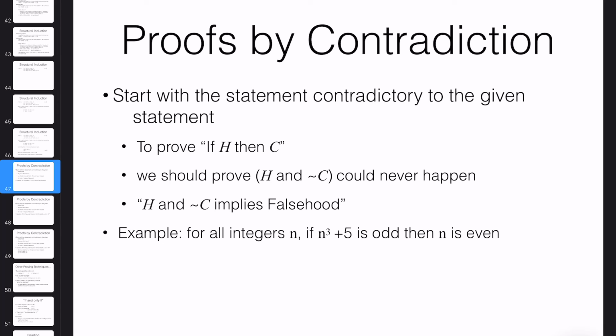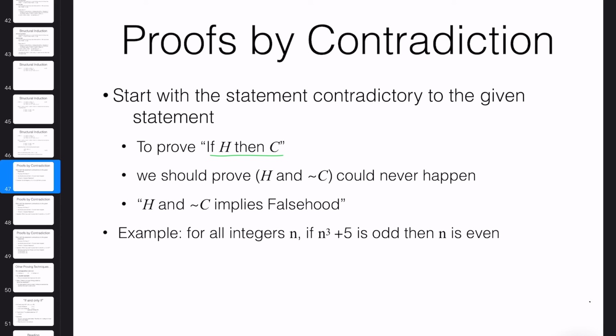Proof by contradiction. In proof by contradiction, again, the statement that we want to prove is that if H, then C. The way that we prove it is that we assume H is true, but C is not true.